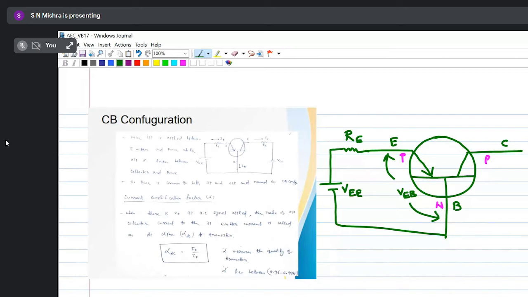The collector side should be reverse biased, so the P side should be connected to lower potential. I'll first connect one resistor and name it RC, then lower potential, then higher potential. This will be VCC, and the potential difference between collector and base I'll give as VBC.